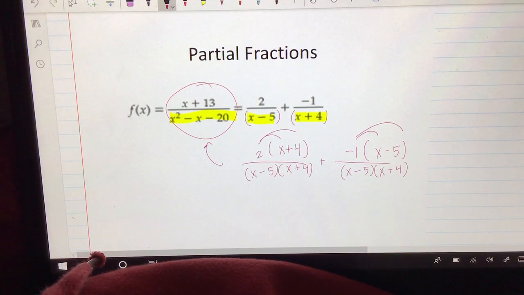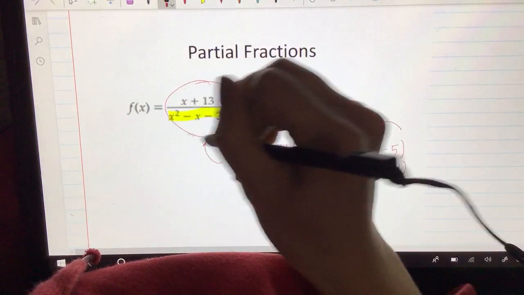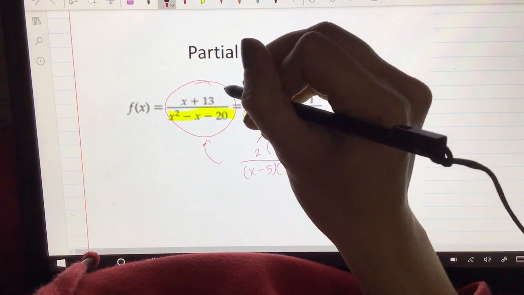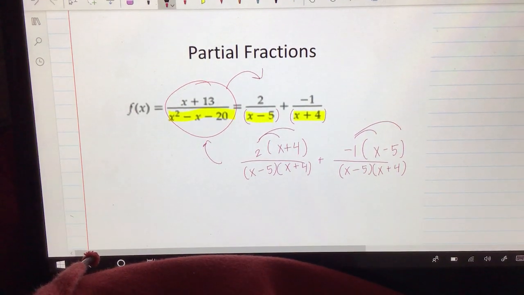However, this is what we've already learned. This time, I'm going to give you this final answer, and you have to tell me what fractions it breaks down into. So let's try one.